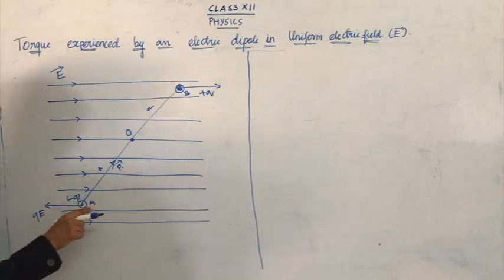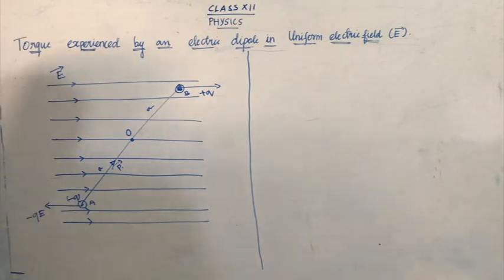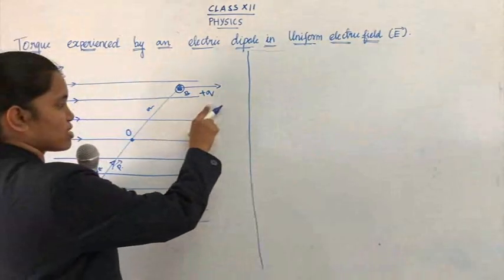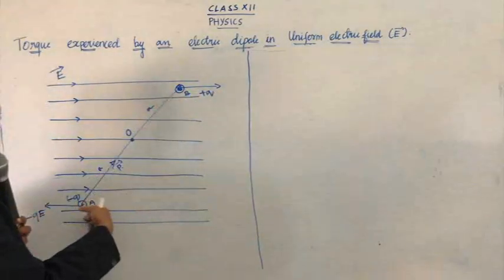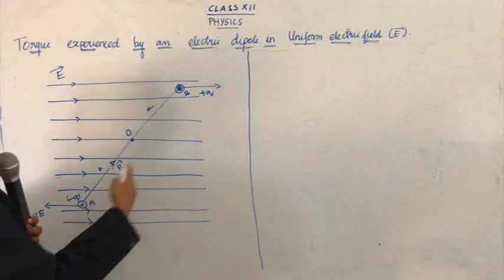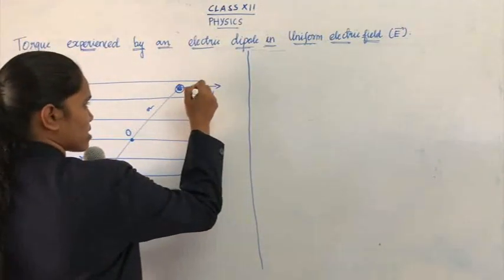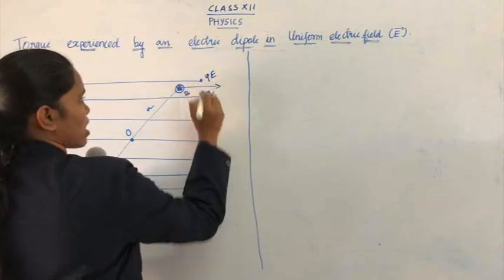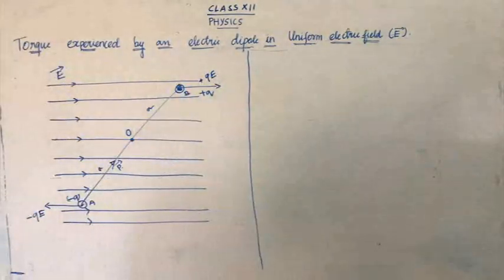The force exerted on point A is QE, but the charge is minus Q, so we have to place a minus here: minus QE. At point B the force goes in this direction, but at A it goes in the opposite direction, as mentioned in the picture. Mark this direction correctly. The force at point B is QE, since it is a positive charge, and at point A it is minus QE.